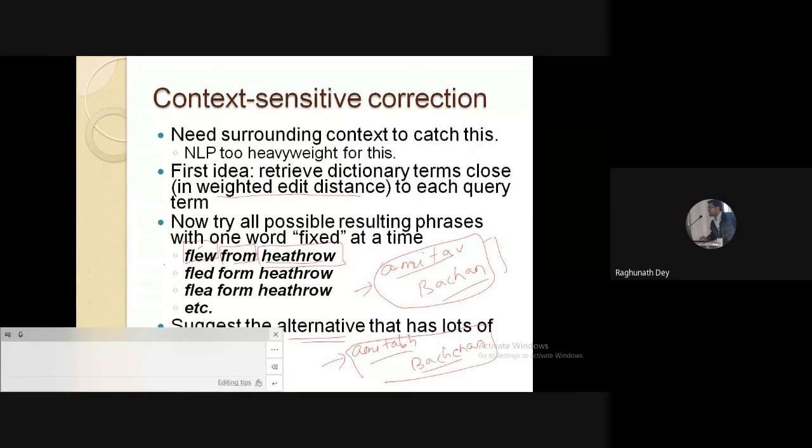Instead of performing all this stuff, it can easily suggest that whatever you have typed may be wrong, it may be this one, because the number of hits of this one is much higher than this one. Anyway, we are concentrating on how to find the edit distance between the different terms or words and to choose the proper word.